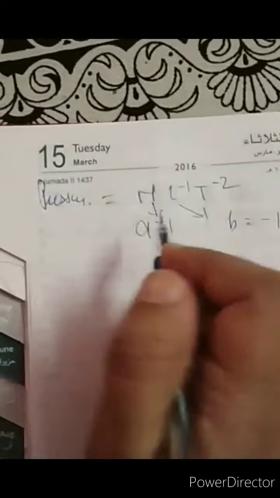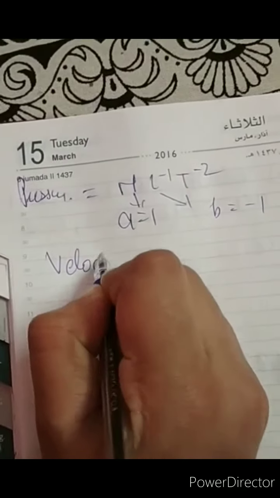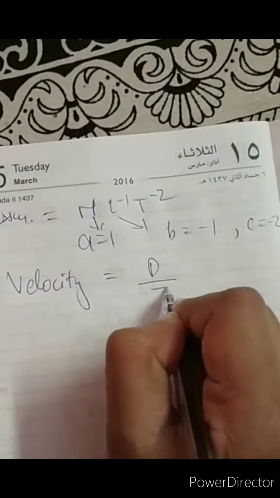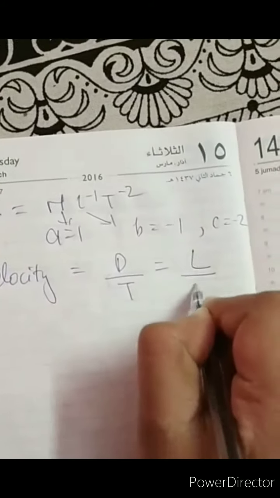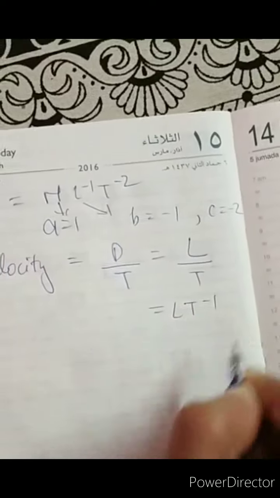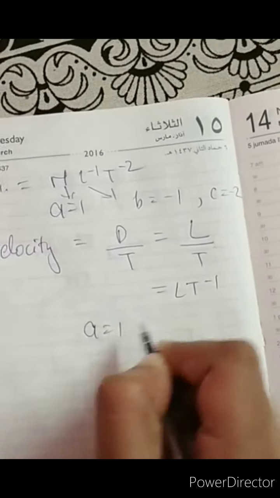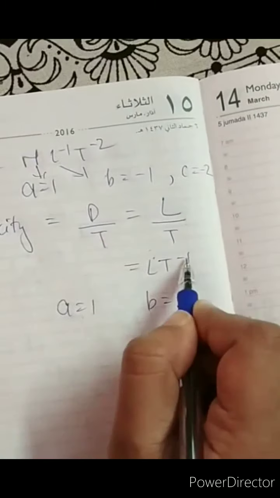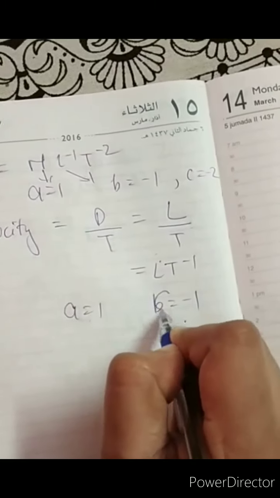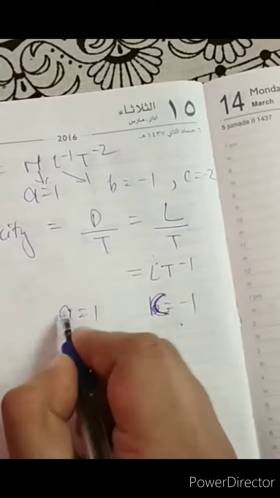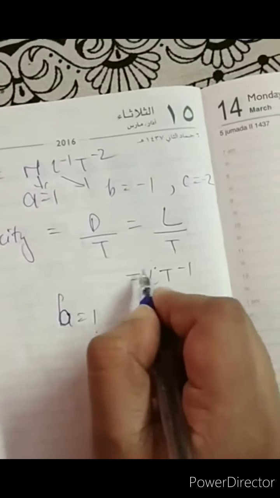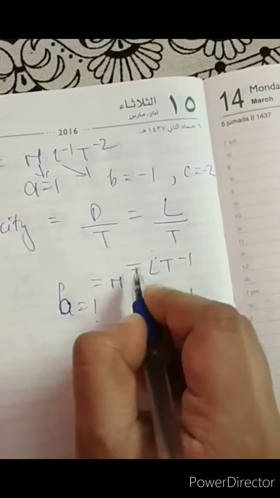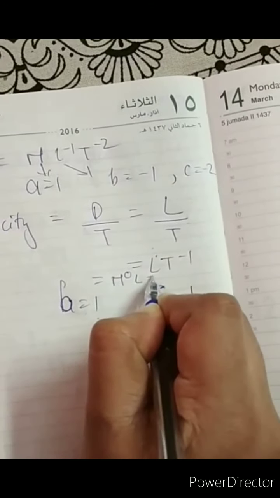So what about velocity? Velocity is displacement upon time. Displacement will be in L, so velocity is equal to LT minus 1. Look, students, here M is absent, so can I write M to the power 0, L T minus 1.